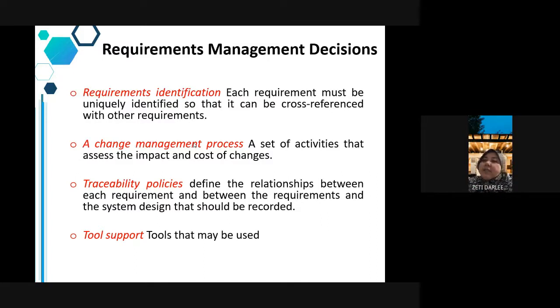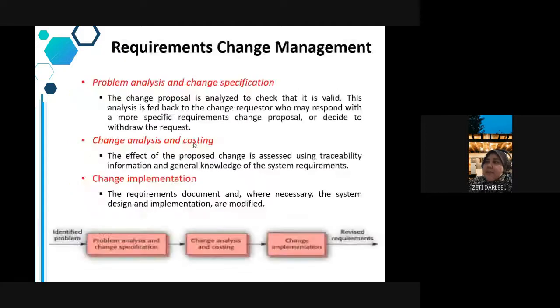So dalam history log tu kita tahu aktiviti dia dan kita tahu siapa yang ubah dia. So that is traceability policy. I don't know how you can imagine this at this time, I hope you can able to somehow imagine it lah. So tool support, tools that can be used to support the system. Alright.